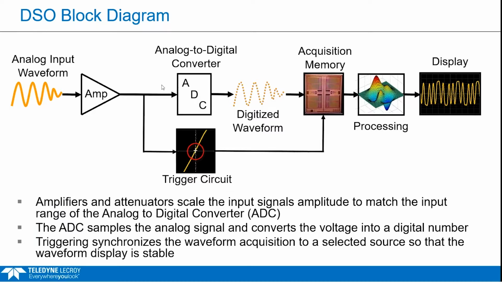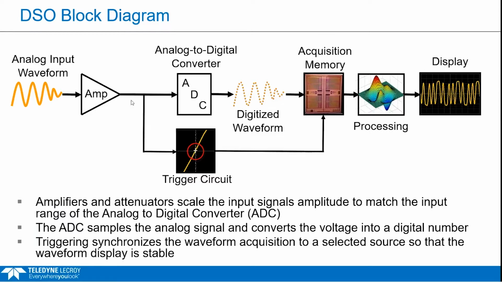Then, of course, we have a sample and hold that's not shown, but we also have the ADC that converts the voltage or current coming in to a digital value and holds it, following the quantization level of that ADC. Then we have memory that stores all of those data points as they're converted to numeric values internally. Then there's some post-processing as well and display.